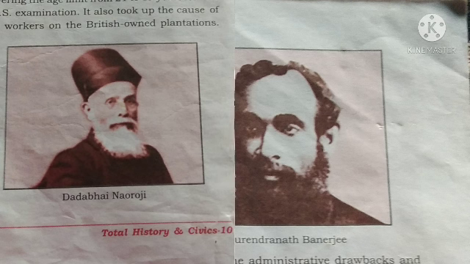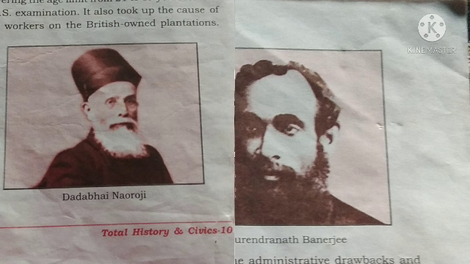Now, at the same time, many associations were formed during this time. The East India Association was formed in London in 1866 by Dadabhai Naoroji, and the association provided information on all Indian subjects to British citizens and members of Parliament. The Indian Association of 1876 was meant to be an all-Indian movement and was headed by Surendranath Banerjee.